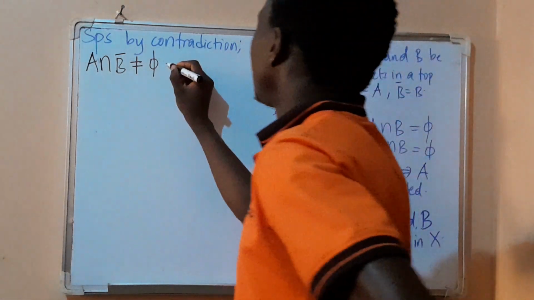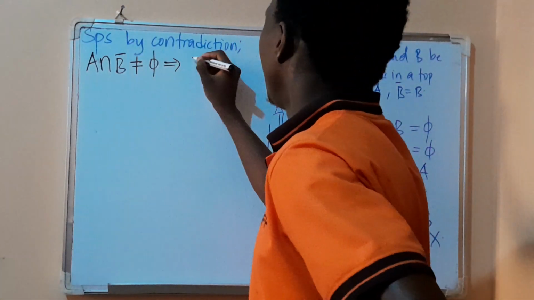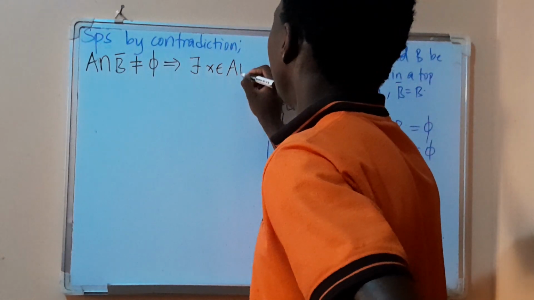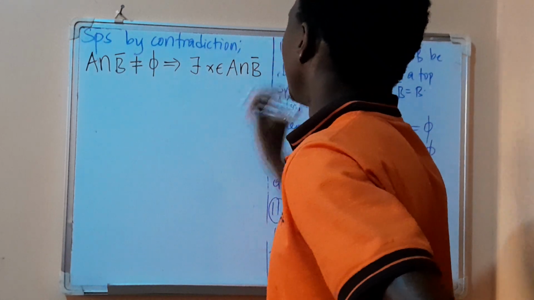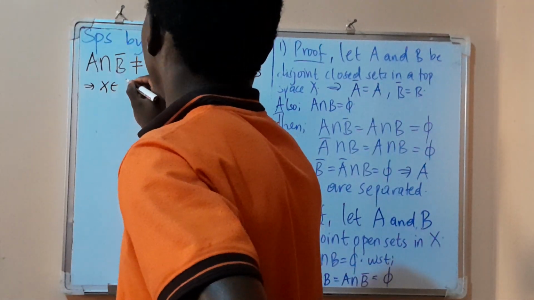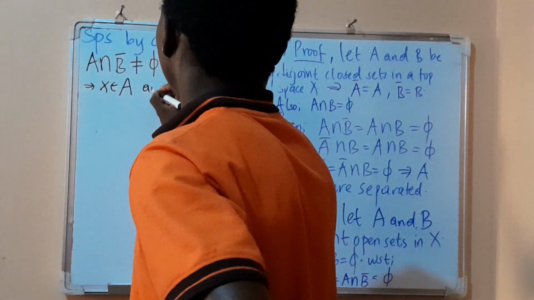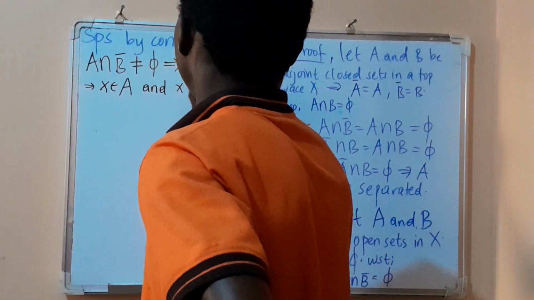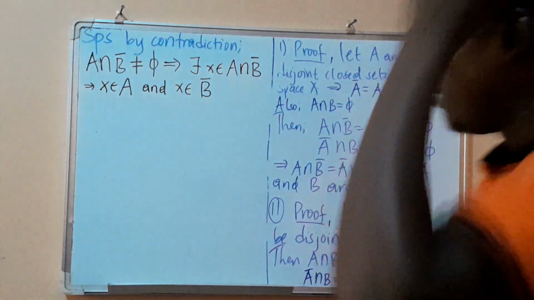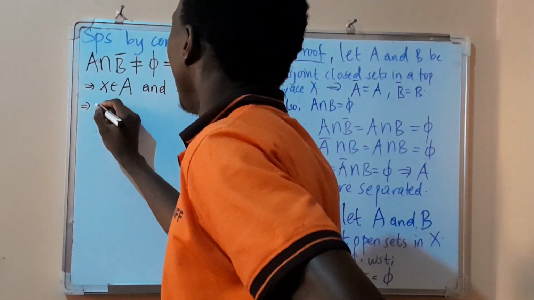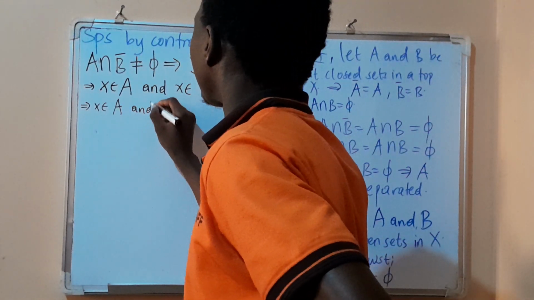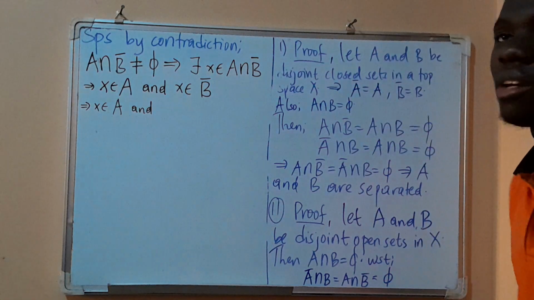Since it's not empty, there exists an element X in A intersection B closure. This implies that X is in A and X is in the closure of B.